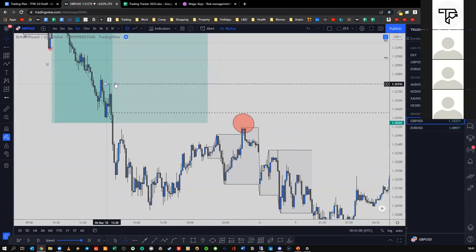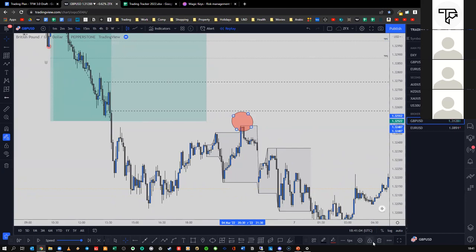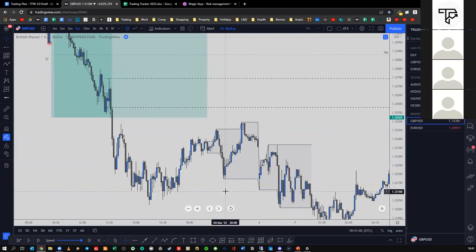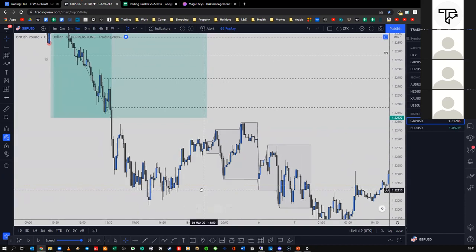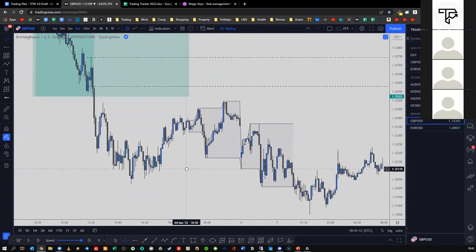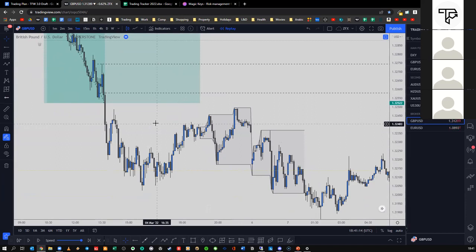Me and Razwan, we talked about this and we were like, should we do that? Because it makes sense and we're using what we see. I came to the conclusion that sometimes, for example here, it might work and sometimes it might stop you out. So I'm trying to reduce the amount of work in a trade.